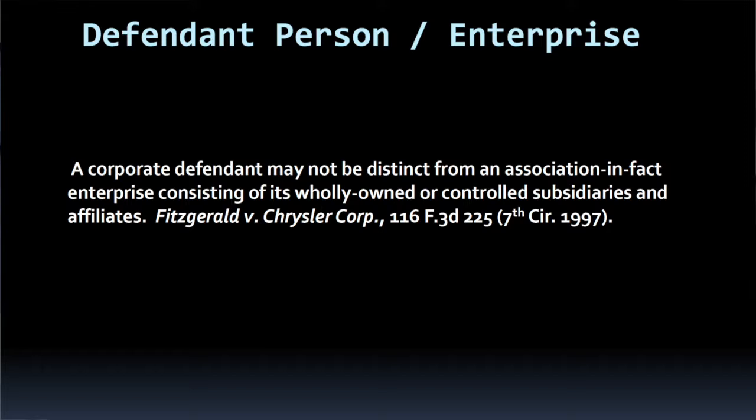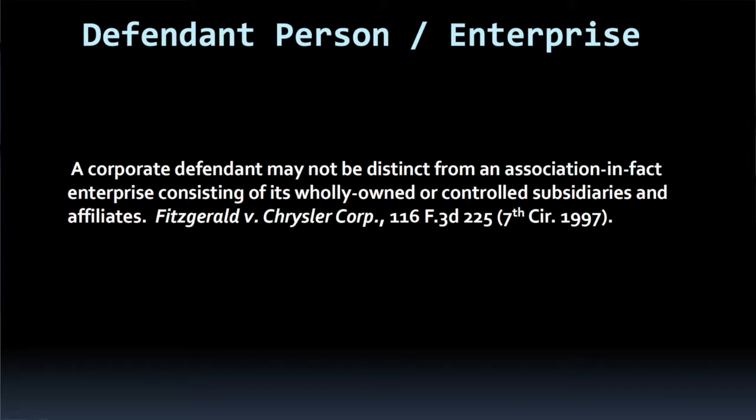Some courts will say that you can't name subsidiaries or affiliated corporations as enterprises that are being operated and managed by the defendant parent corporation because they're not sufficiently distinct. One court that has held that a parent company cannot operate and manage a subsidiary or affiliated corporation within its corporate tree is the Seventh Circuit decision of Fitzgerald versus Chrysler Corporation.